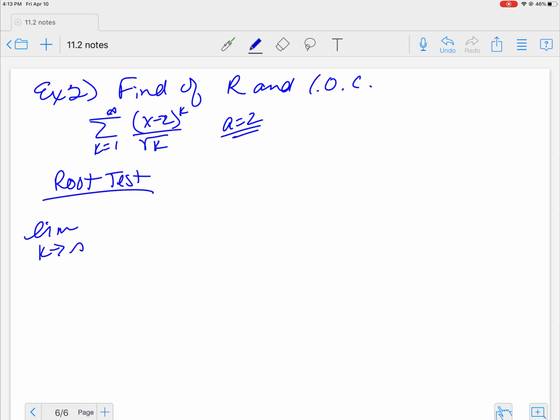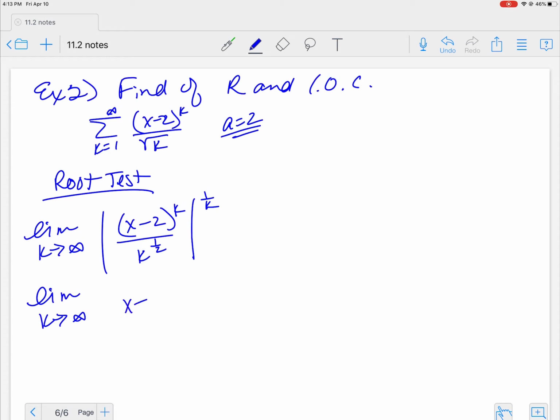So I'm going to take my limit here as k approaches infinity of x minus 2 to the k over, I'm going to write this as k to the 1/2 just because it's easier. Do you see this is going to end up with x minus 2 over k to the 1 over 2k?